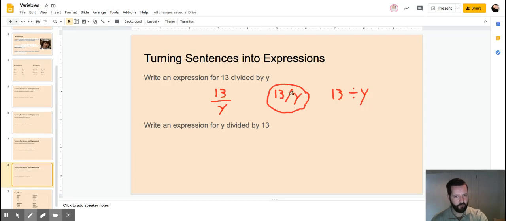So that may help you find that button. And then you would type in a y for that. Okay, but let's have a look at this last example. Write an expression for y divided by 13. So there's my y, and we're going to divide that by 13.